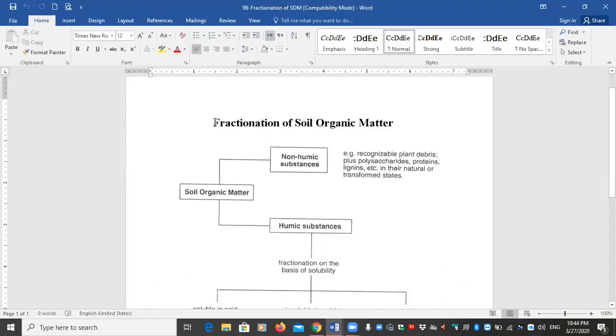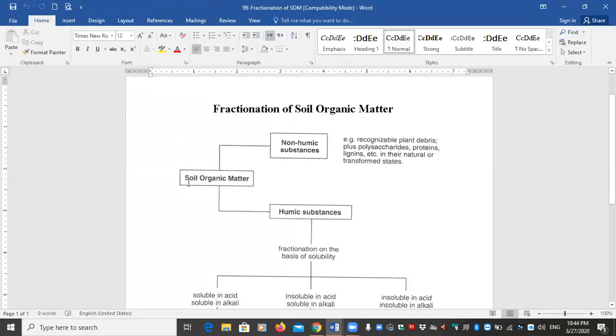You find the different fractions of anything in soil. In this particular case, we are talking about the different fractions of soil organic matter. So we start with the soil organic matter, humus. Remember, the general term we say about soil organic matter is humus. It's divided mainly in first non-humic substances.